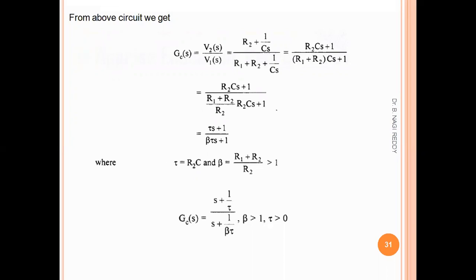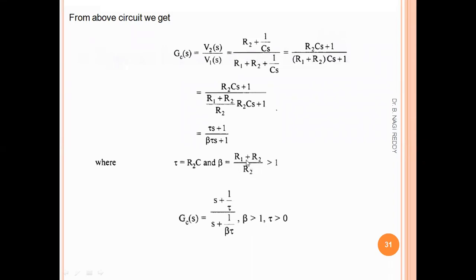So beta and tau depend completely on R1, R2 and C. You can see that beta is always greater than 1, because beta is (R1 plus R2) by R2.